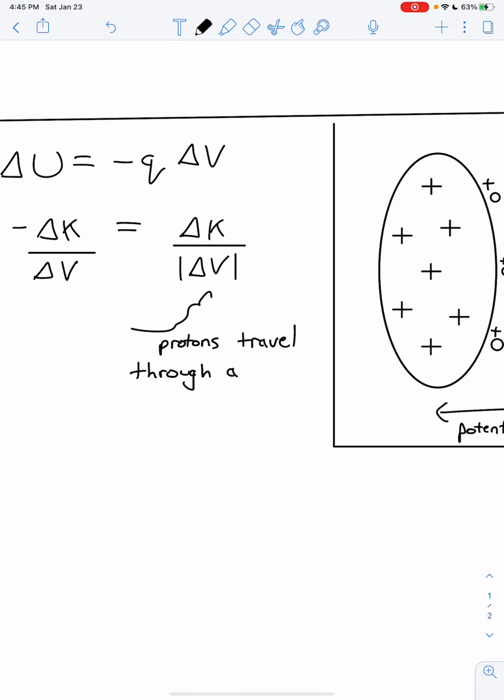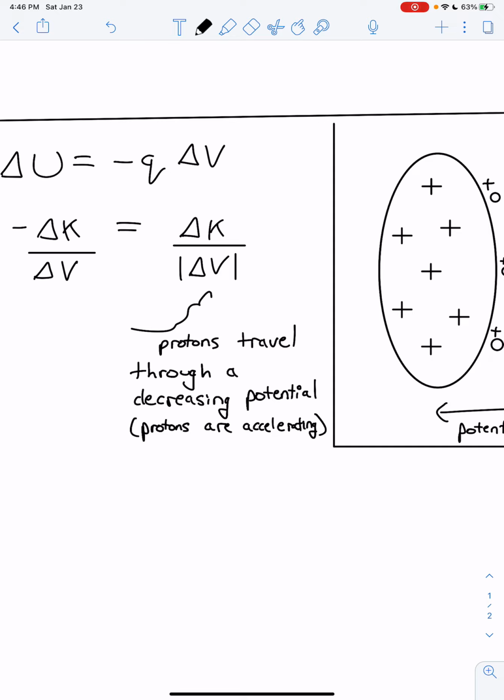Remembering that charges are going to be accelerated, or rather in which direction they'll go from what plate to what plate, depends on if they're positive or negative. So a potential difference will affect a positively charged object opposite to how it affects a negatively charged one.